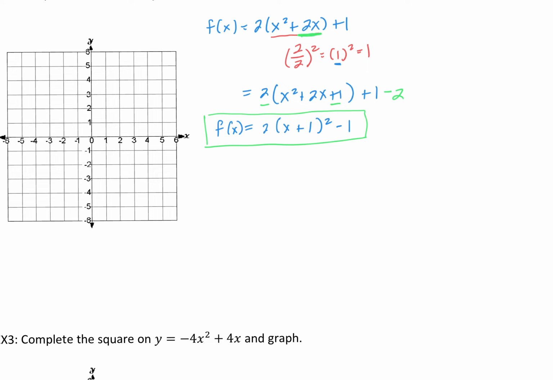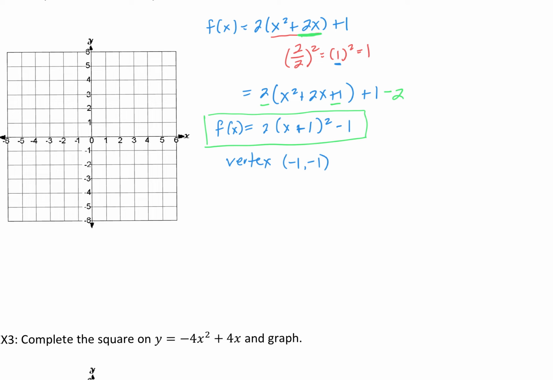Now that I have this in vertex form, I can see that my vertex is going to be -1, -1. So think about the vertex as the x value being whatever inside the parentheses gives you 0.